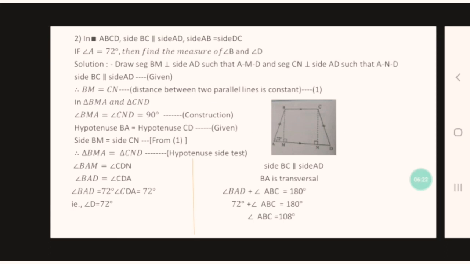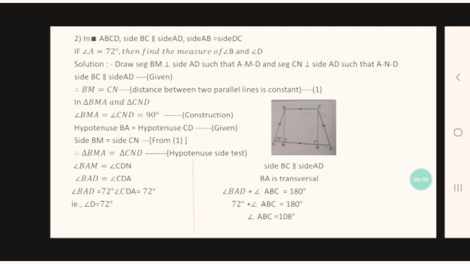So measure angle BAD is 72. So what will be the measure of angle CDA? It will be 72. Base angles it's given. So this will also be 72. So angle D is 72. Right. So what will be the measure of angle ABC? Measure of angle ABC, so it is 180 minus 72.